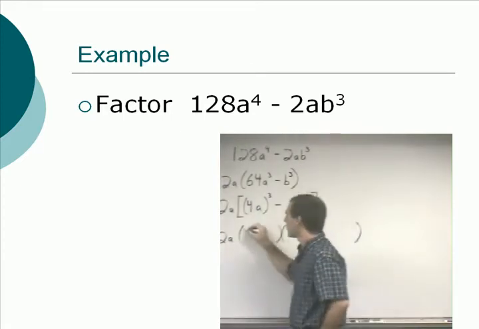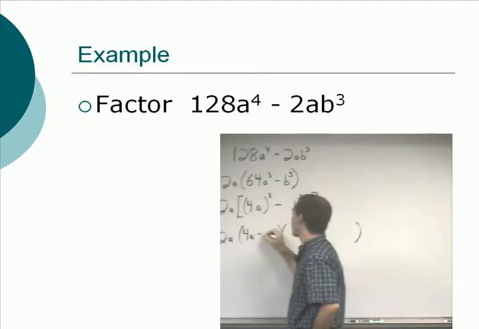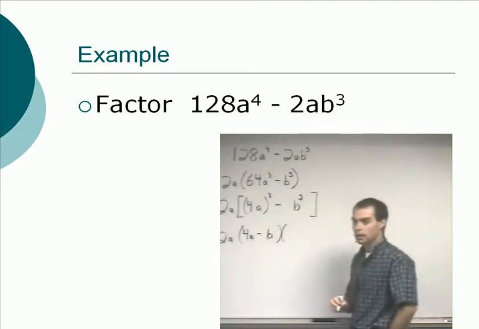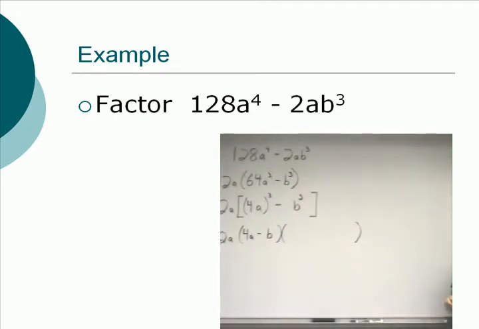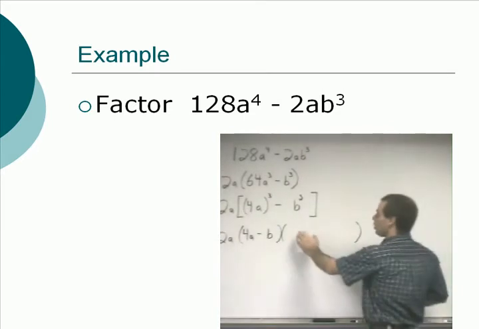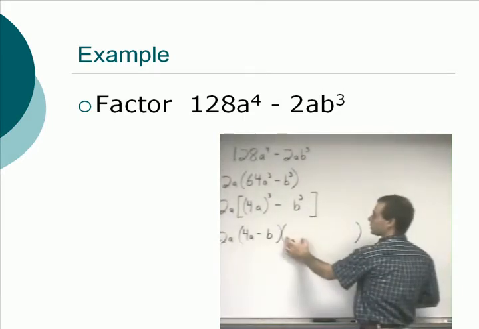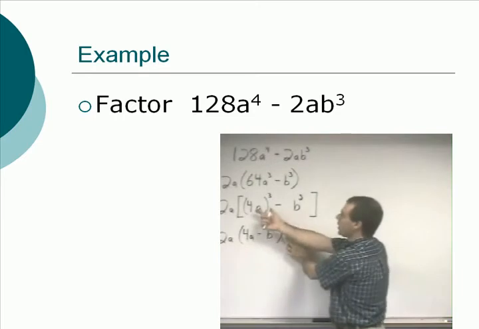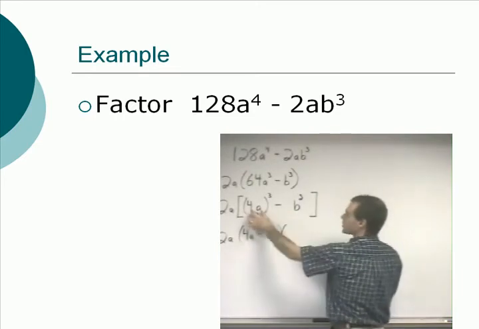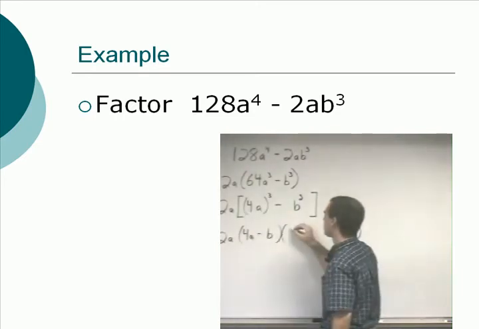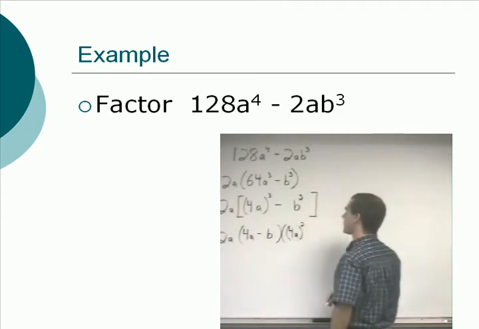4a and b, and we want to match this sign, so it's 4a minus b. Now, what are you going to have here? 4a squared, or this first term squared, and so that'll be, I'm going to use another set of parentheses, 4a squared.